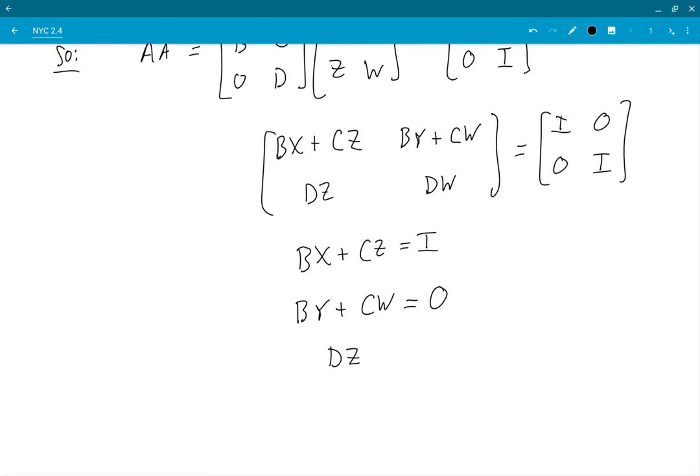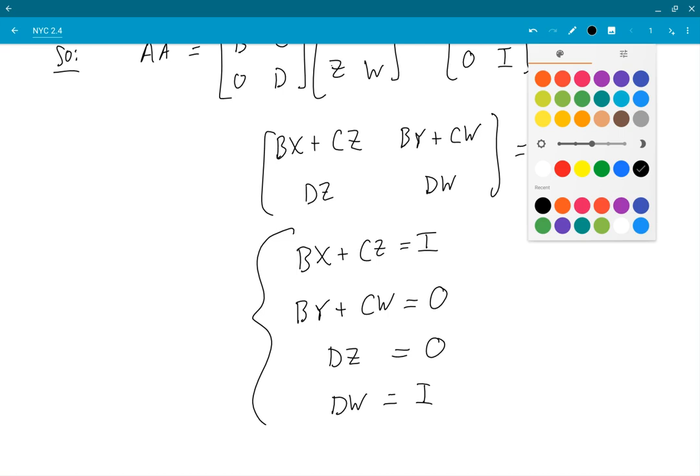Dz is equal to zero matrix. Dw is equal to identity. So I get four equations, and we have four variables, x, y, z, w. B, C, and D are constant matrices, and we want to find x, y, z, and w in terms of B, C, and D.